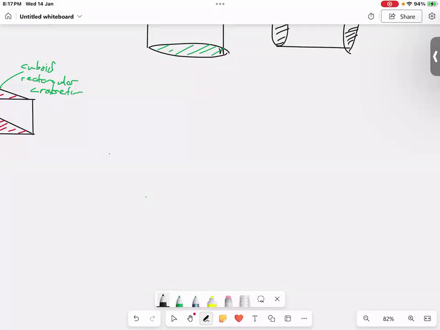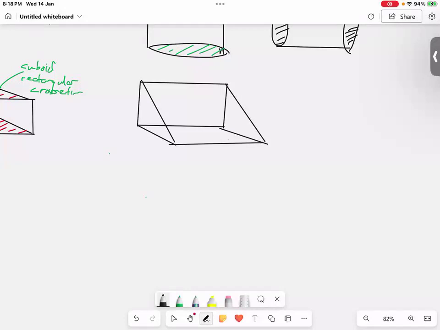If you know what a football goalpost looks like, then you have successfully identified a triangular prism. Let me draw one for you.